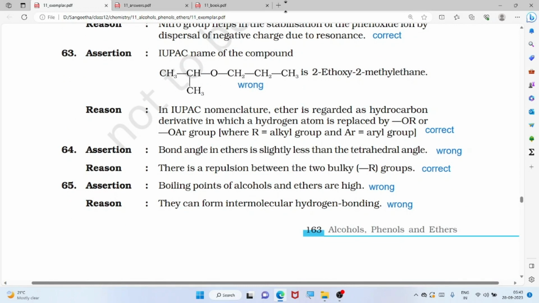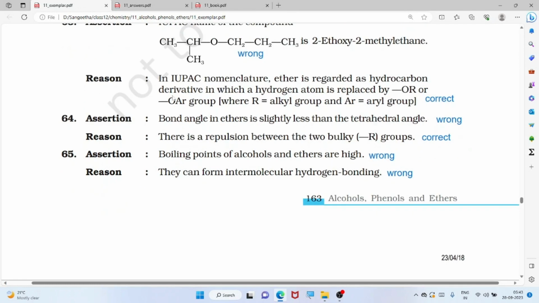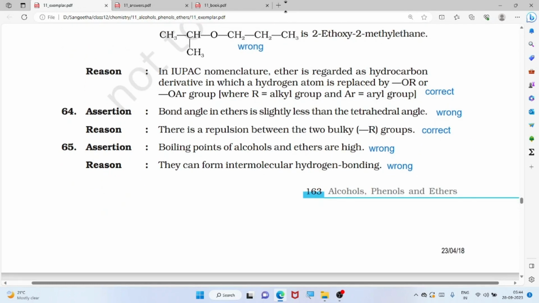IUPAC is the name of the compound. So this one is wrong. In IUPAC nomenclature, ether is regarded as a hydrocarbon derivative in which a hydrogen atom is replaced by an OR or OAr group, where R is alkyl or aryl.